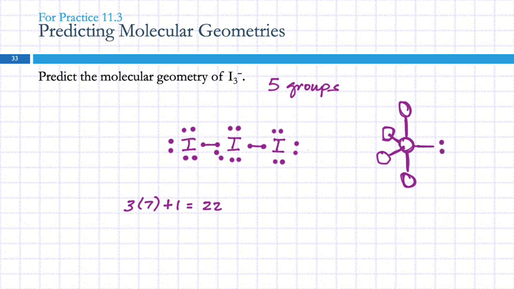So I'm going to make that into a lone pair. And I'm going to make that into a lone pair. And I'm going to make this one into a lone pair. They have more space there than if any of the lone pairs were at the top or the bottom.